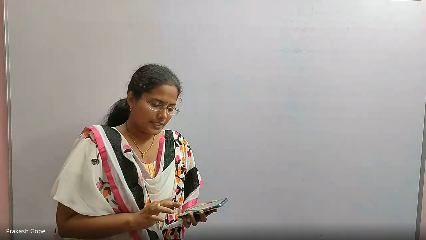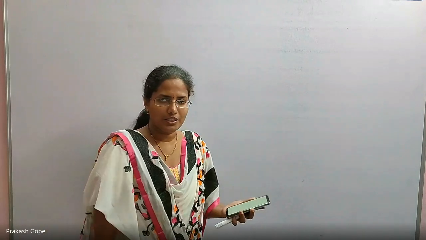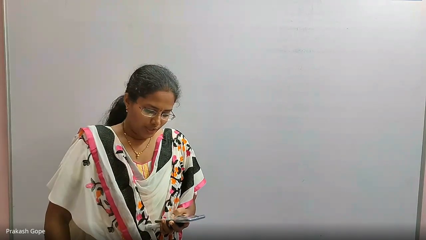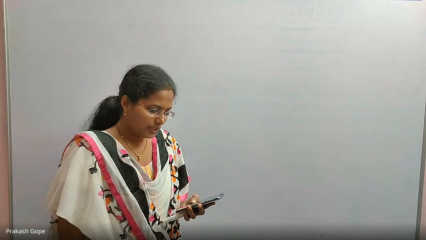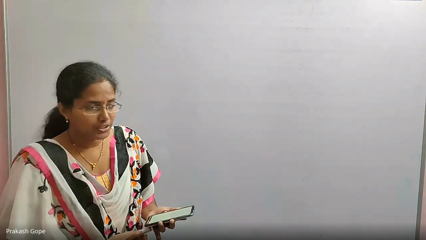Second input is n, n minus 1, n minus 2, n minus 3, and so on, 3, 2, 1. So the second one is in descending order, the first one is in ascending order. Let C1 and C2 be the number of comparisons made for inputs 1 and 2 respectively. Then what is the relation between C1 and C2?